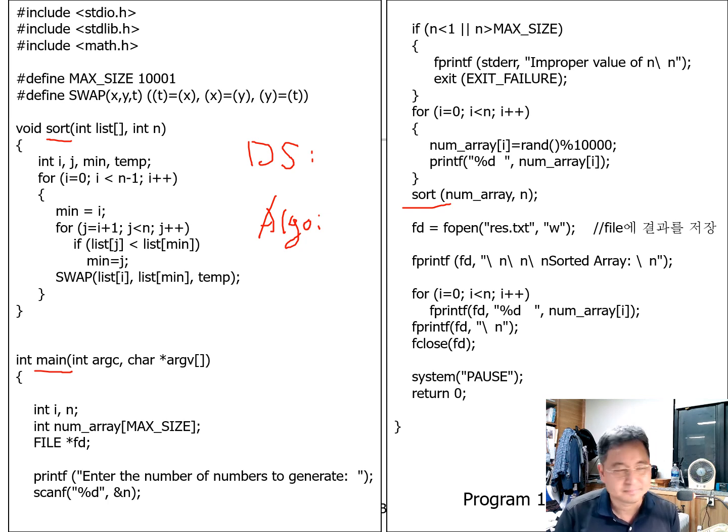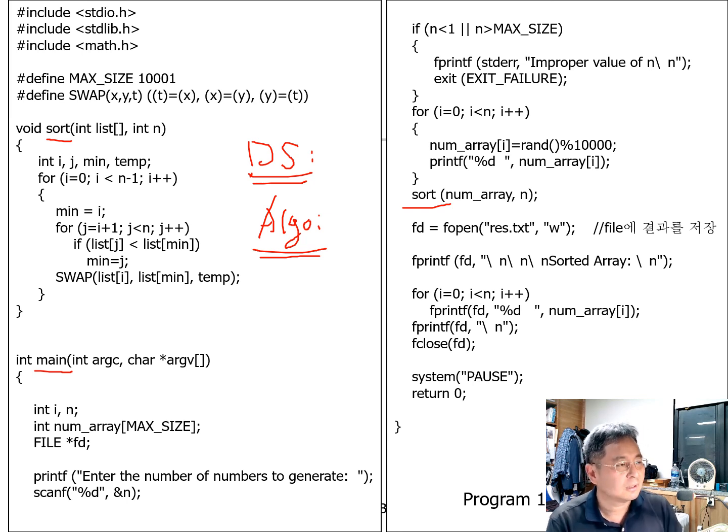The data structure must store the data used in this program, and an algorithm is a problem-solving procedure. So in here, the problem is sorting.